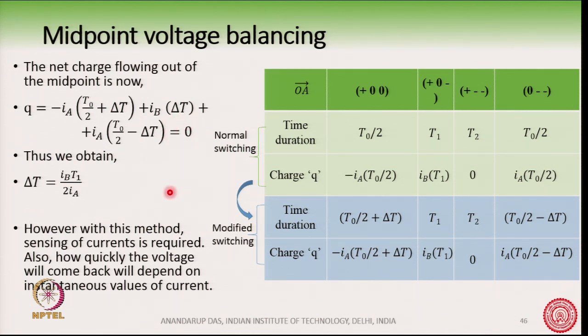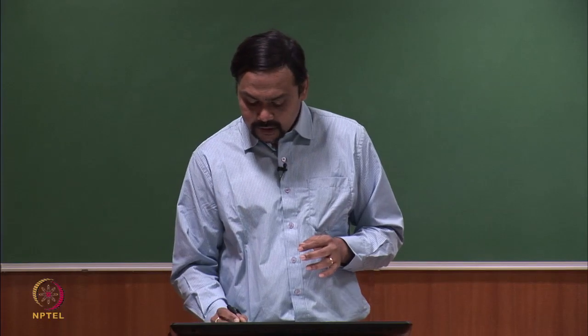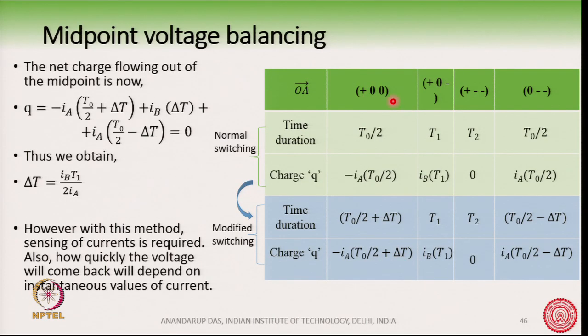Therefore, if we equate this, we will immediately find out what is the value of delta T needed. How much should be the delta T? How much should the plus 0 0 and 0 minus minus be changed? How much time duration away from T0 by 2 we should include in these switching states is given by this formula.